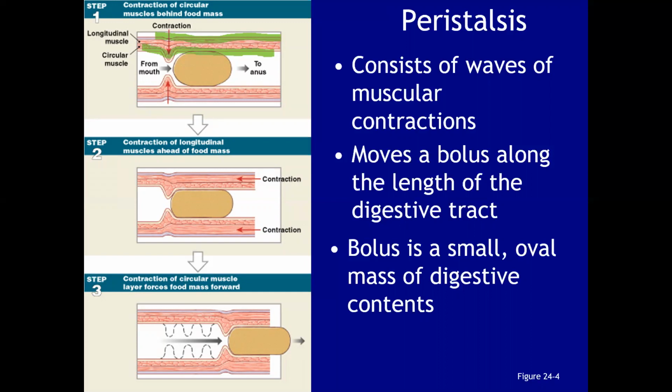And anytime we have longitudinal and circular muscle, that allows for whatever organ it is to go through something called peristalsis. So this gold oval is called a bolus. So it's whatever you ate. It's now in your digestive system.